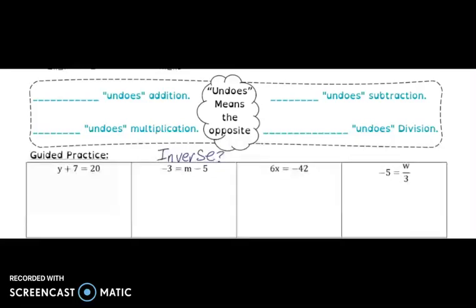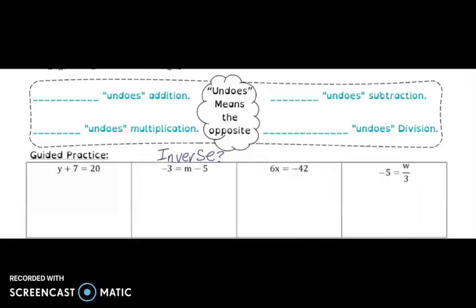Okay, so there are 4 blanks here. It says blank undoes addition. It also is reminding you that undoes means the opposite. So we're talking about the inverse of addition. What is the inverse of addition?